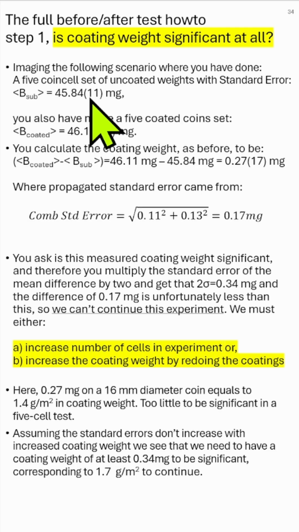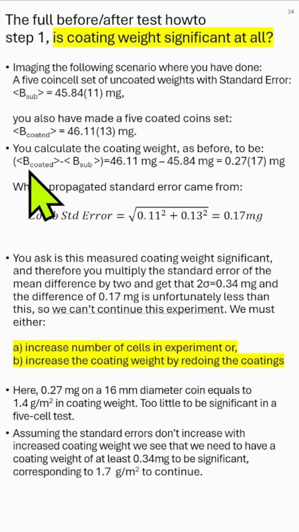And then you make another set of coins that comes from a coated session. So you have coated the foil, pick out 5 coins. We call those B-coated. So the mean value of the B-coated set becomes 46.11 milligram, standard error 0.13 milligram. And we do the calculation of the coating weight for that batch.